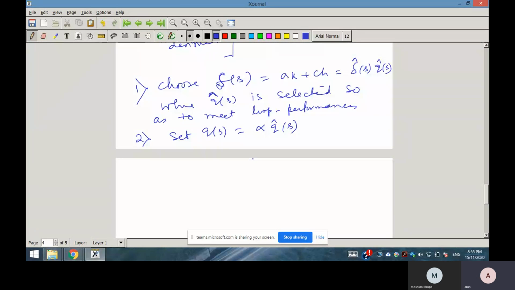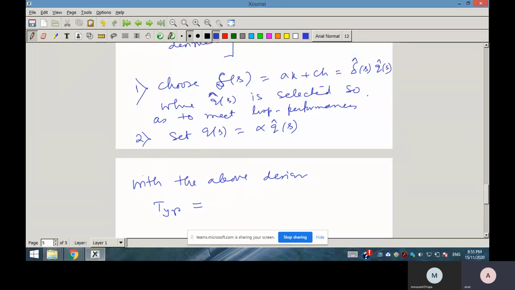If you do like that, with the above design, what advantage you will get? What will be the TYR transfer function? You can easily prove that.